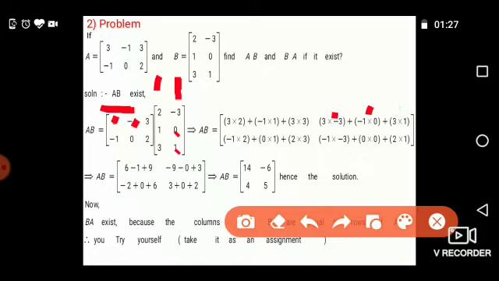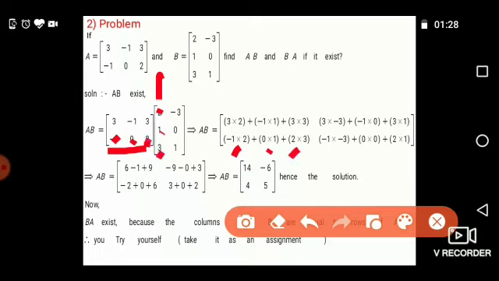Similarly, we multiply the second row with the first column and the second column respectively. Here the second row gets multiplied with the first column: minus 1 into 2 plus 0 into 1 plus 2 into 3. We get this element of AB.